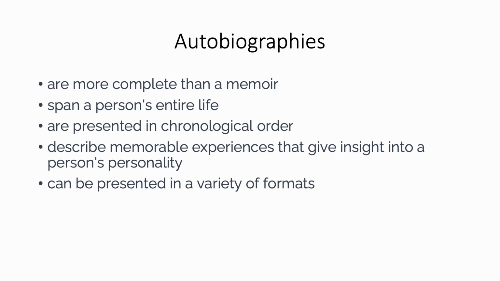Again, they're more complete. They span the person's entire life. They're usually presented in chronological order. They describe memorable experiences and events and give insight into personality. And they can be presented in a variety of formats.